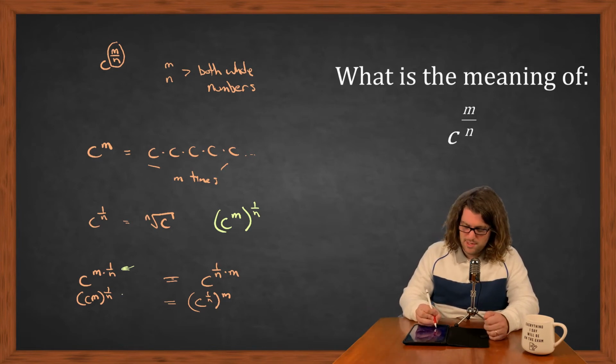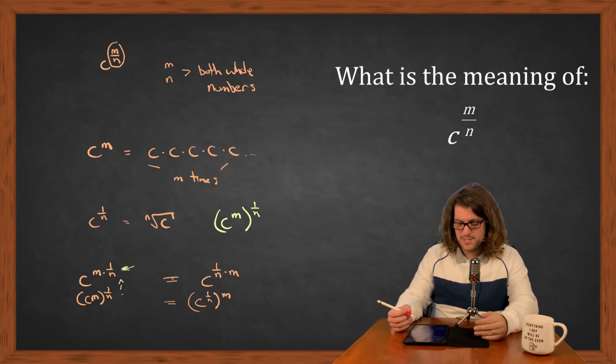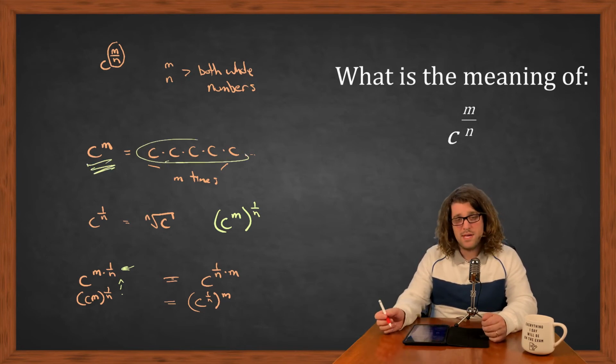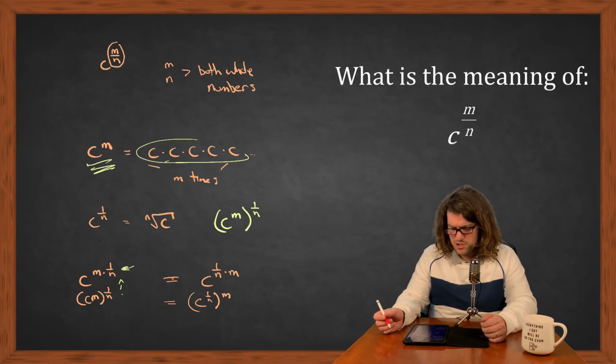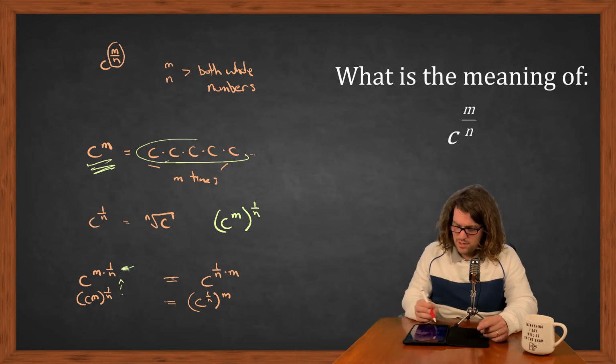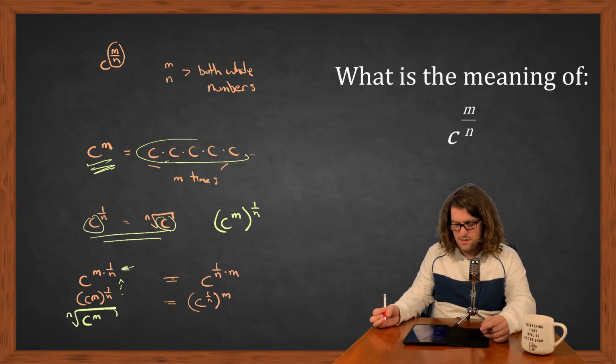So we usually start with something like this and then work our way back. But it's true in reverse as well. So what does c to the m mean? Well, if I backtrack to this line, c to the m is just the repeated multiplication there, which I understand how that works. But it's also all inside of a 1 over n exponent, which means the thing that used to be inside of that gets put inside of a radical. So I could put the c to the m inside of a radical, and that radical would have an index of n. Oh, that's kind of cool.